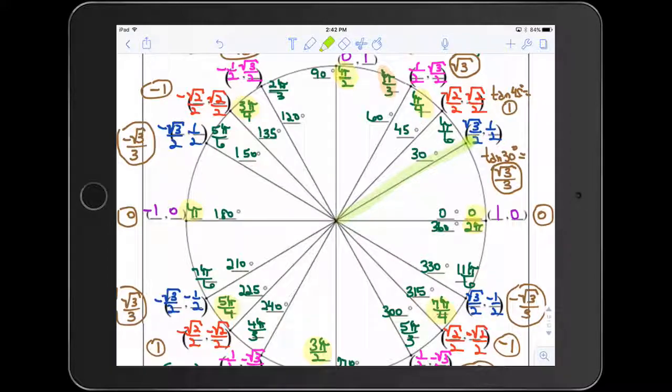So pi over 6, 2 pi over 6 reduces to pi over 3. 3 pi over 6 reduces to pi over 2. 4 pi over 6, 5 pi over 6, 6 pi over 6, 7, 8, 9, 10 pi over 6 would reduce to 5 pi over 3, 11 pi over 6, and 12 pi over 6. Why do I show you this? Well, you're going to have to label these radians very quickly on a unit circle, and I'm just trying to give you some quick techniques rather than trying to memorize everything.